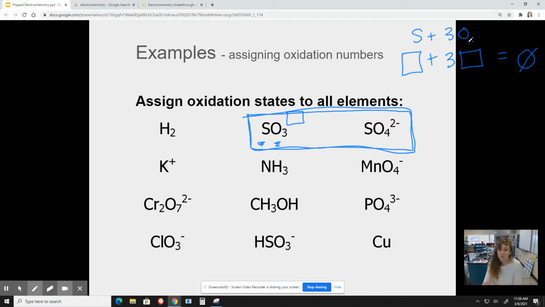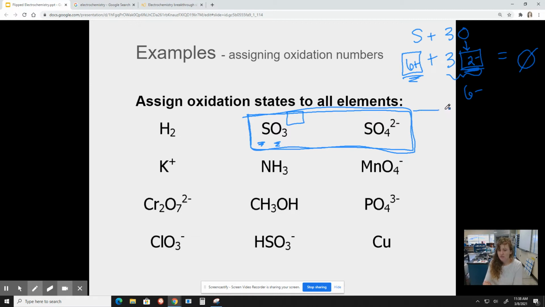Well, oxygen is more consistent, so let's assign that one first. It's going to be a 2 minus, which means my sulfur needs to compensate for a 6 minus charge. I only have one of them, so sulfur must be a 6 plus charge. Sulfur is going to have an oxidation state of 6 plus, each oxygen will have an oxidation state of 2 minus, and together they're going to add up to 0.